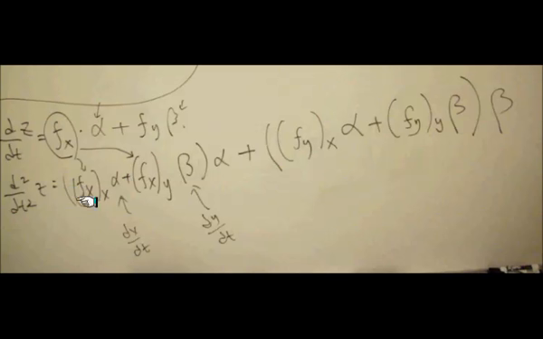So that's how you're going to do the chain rule to this new function, which still has x and y composed with t in it. So that's how it's going to look if you apply the chain rule to fx. Let's do the same thing to fy. Then fy differentiated with respect to x and dx/dt, and fy differentiated with respect to y and dy/dt, which is beta. And beta is still out there as a constant.